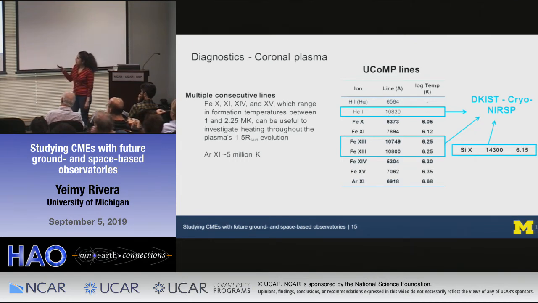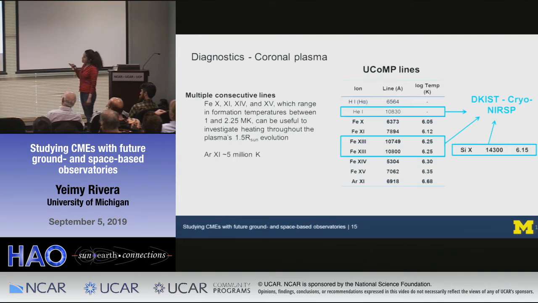All of the lines that I'm including here, and there's another argon line, which is fairly bright as well in this component that samples even hotter plasma, are going to be observable with UCOMP. These are all 9 lines that are going to be observable once UCOMP becomes operational.